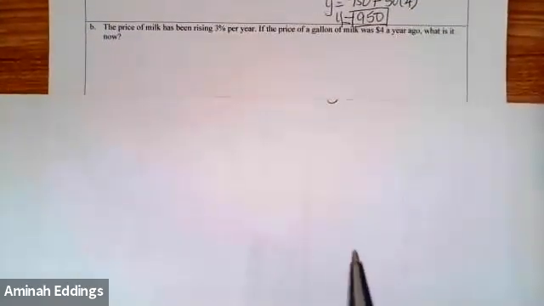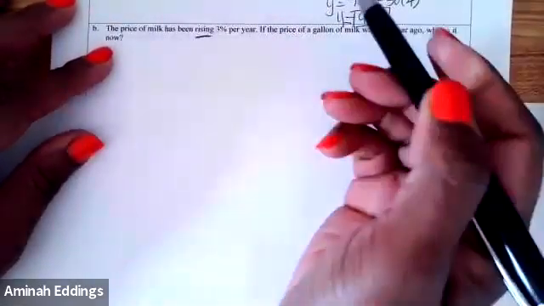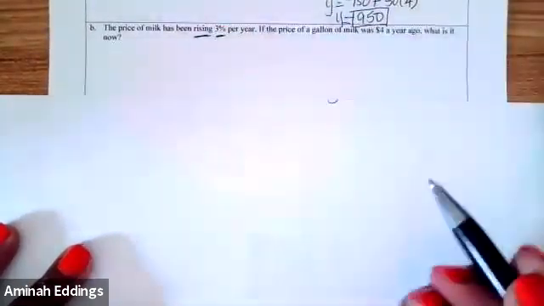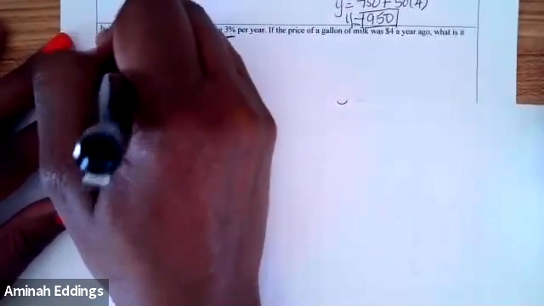Is it linear or exponential, growth or decay? Exponential growth. Very good. So we have a rising, so that tells us it's going to be growth. And it is a percent, so that tells us it's exponential. So exponential growth.